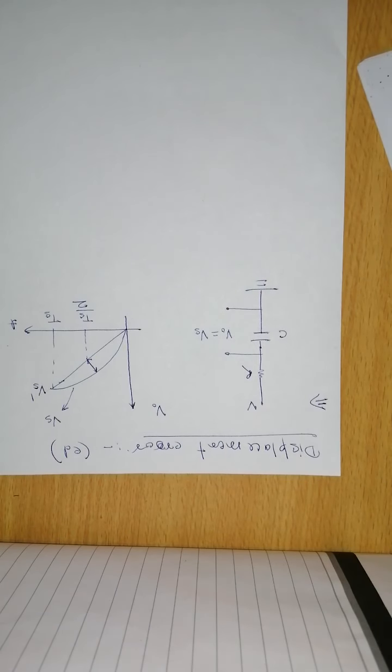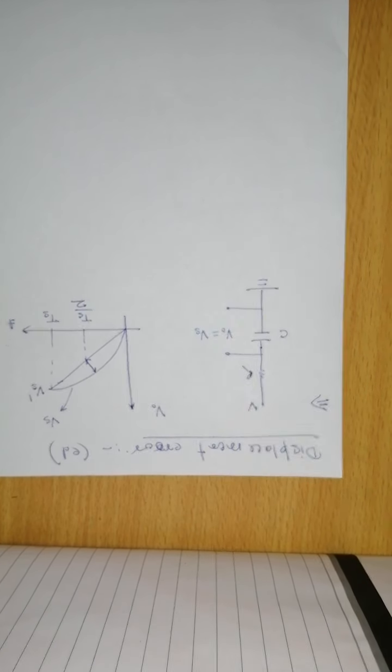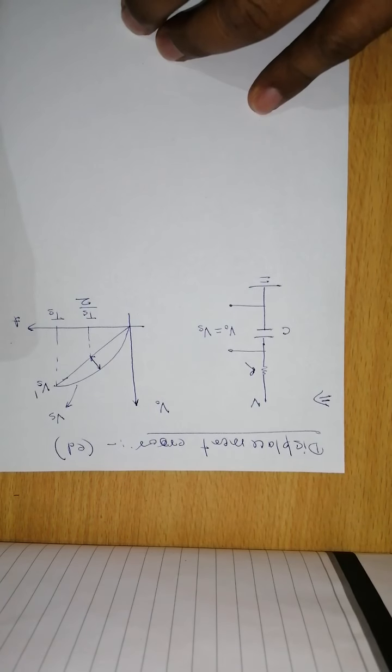So this is the formula, given by Vs minus Vs dash, the maximum difference, divided by the amplitude of Vs dash at Ts.